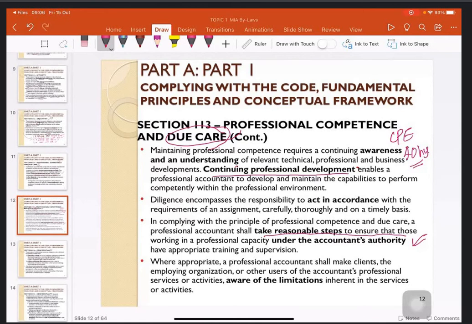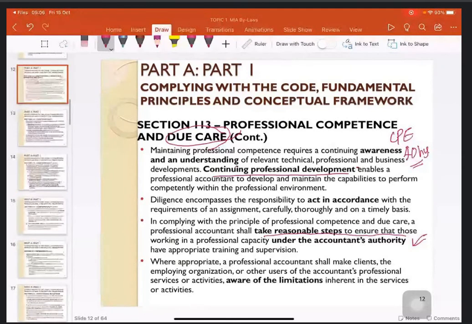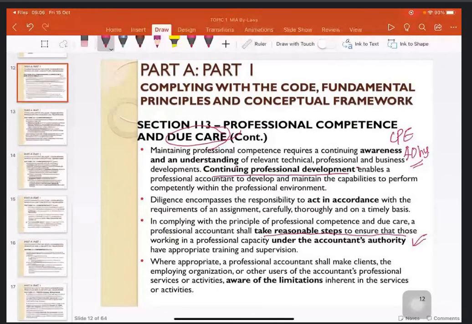At the end of the day, other people out there rely on our work, what we do, to make decisions. So that is another meaning of due care.